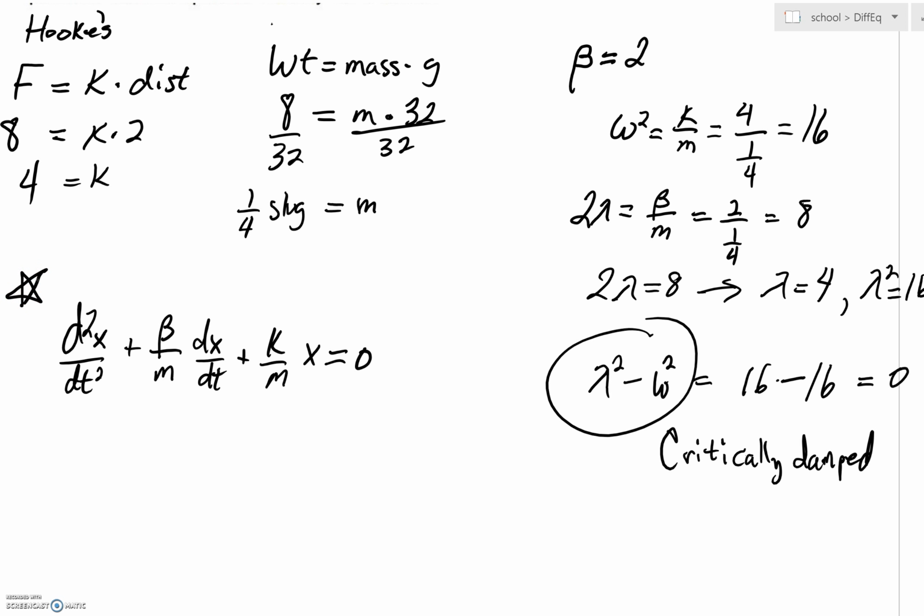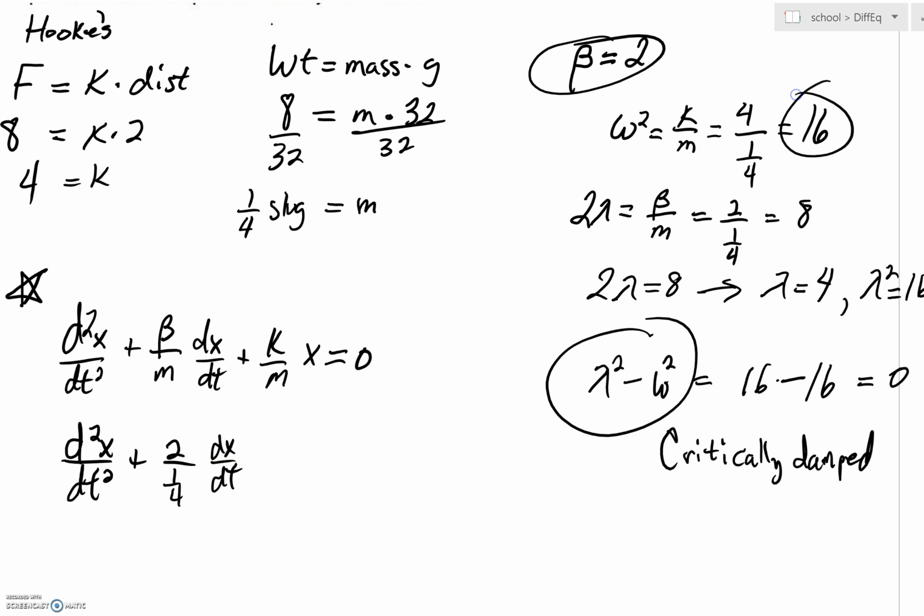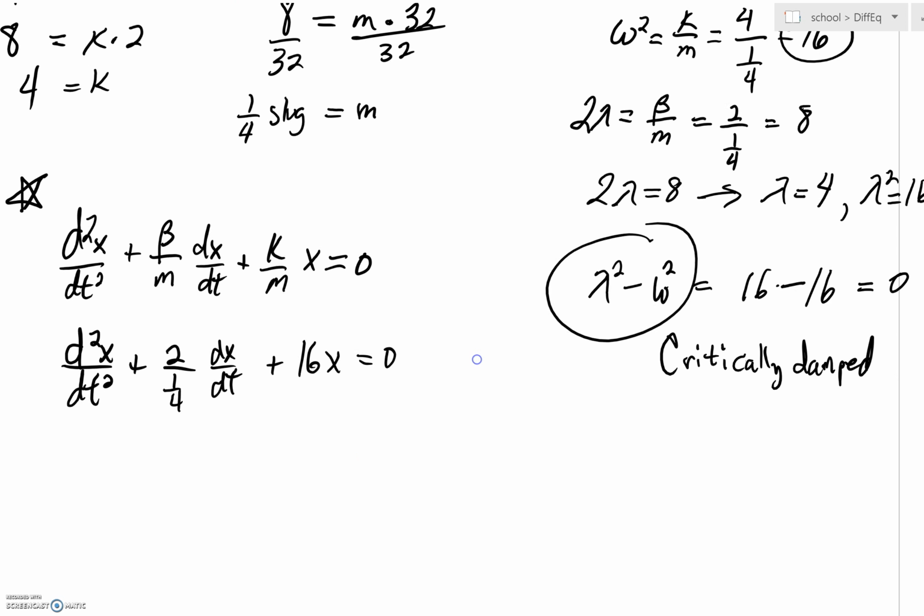So what does our second order differential equation really look like? We've got our beta, which we found was 2, so that's 2 over m. And we found our k over m was 16. Hardly takes anything at all to get to your differential equation.